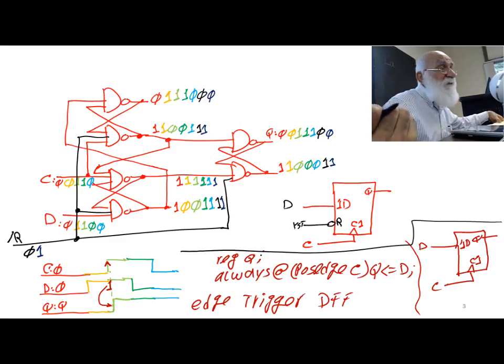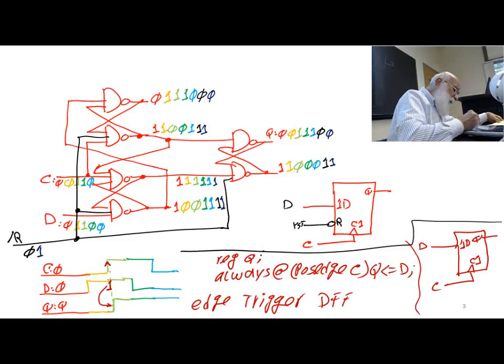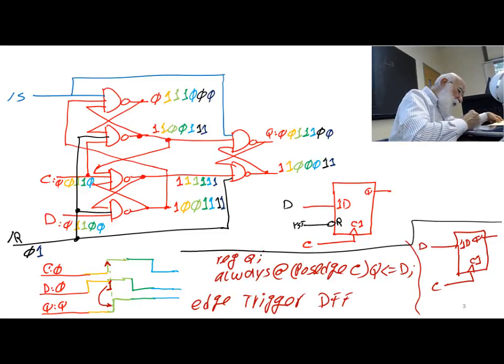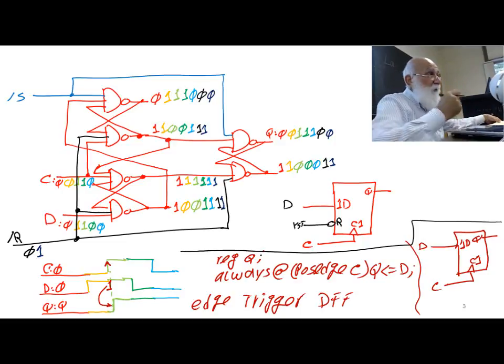But before that, some flip-flops also require a set input, and I can do a similar thing for the set input. For setting it, I bring in my active low set to this gate, and active low set also to this gate.